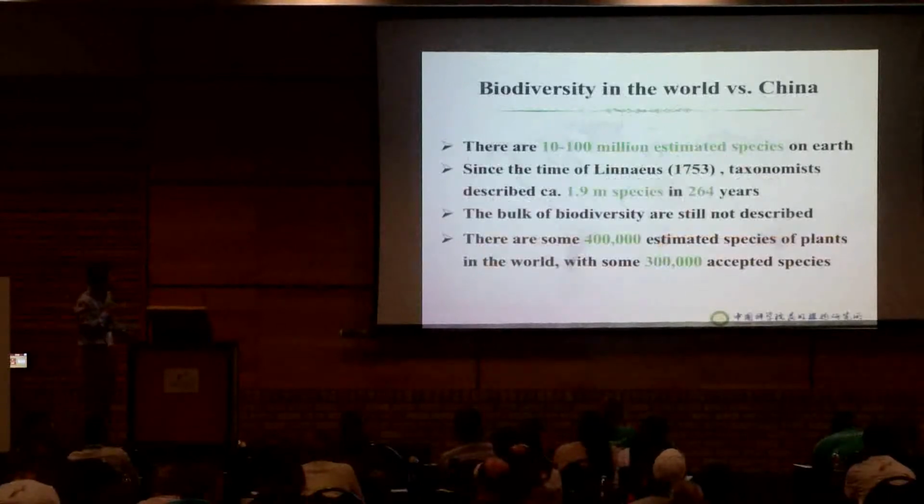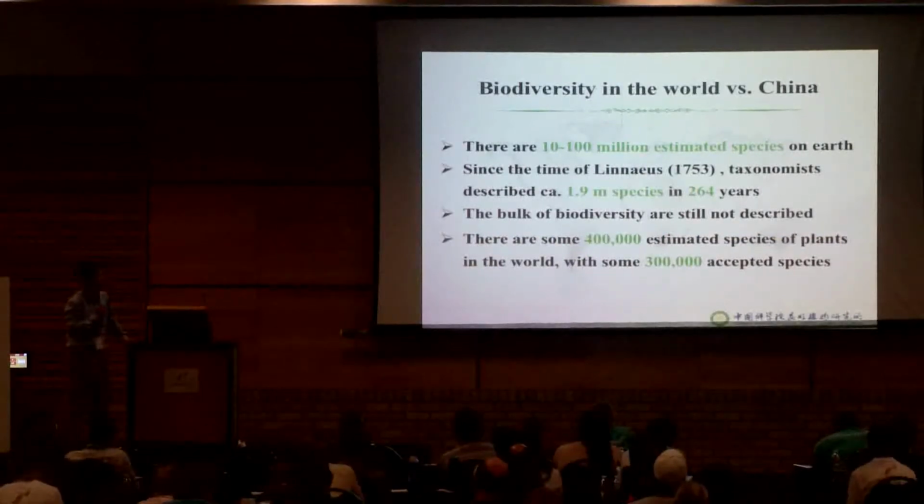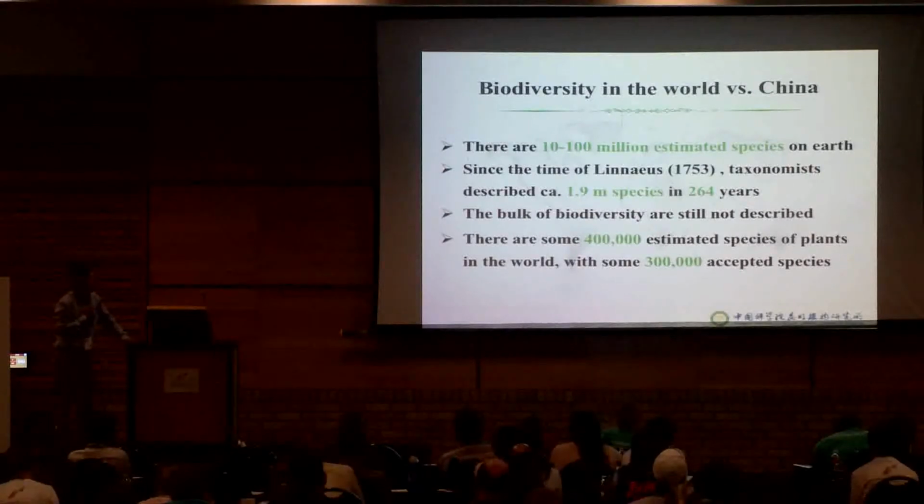And so, in 264 years, all taxonomists together have only described something like 2 million species, and the estimate is 10 to 100 million. So we still have a long way to go, even for the plants.